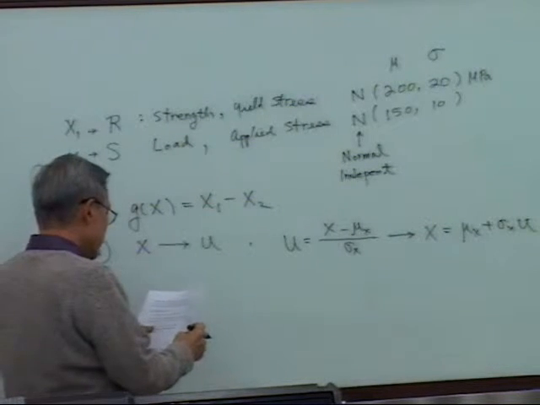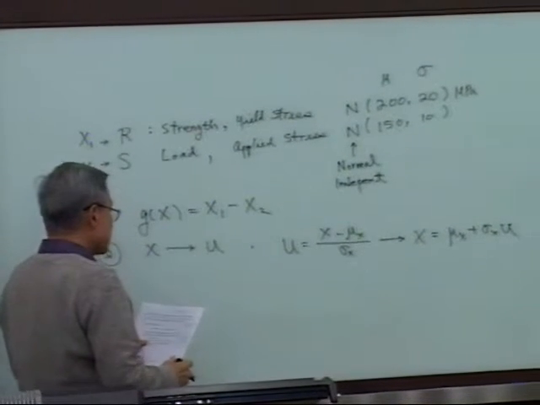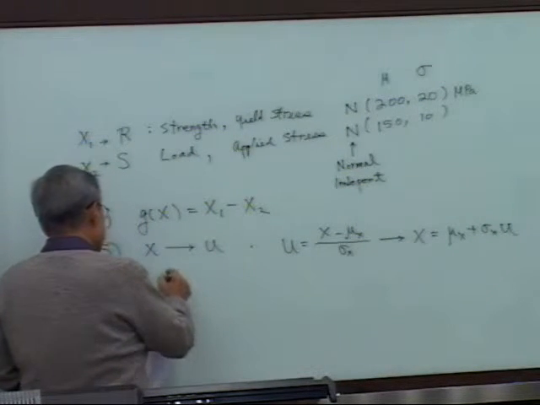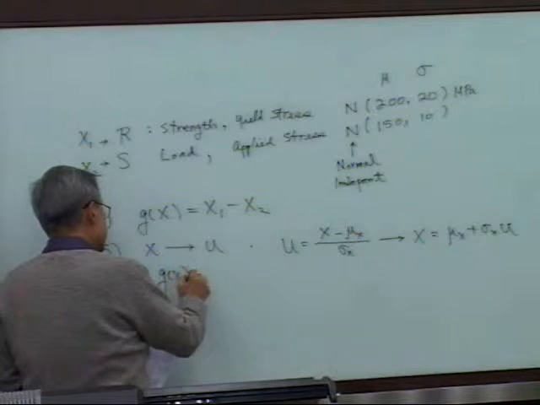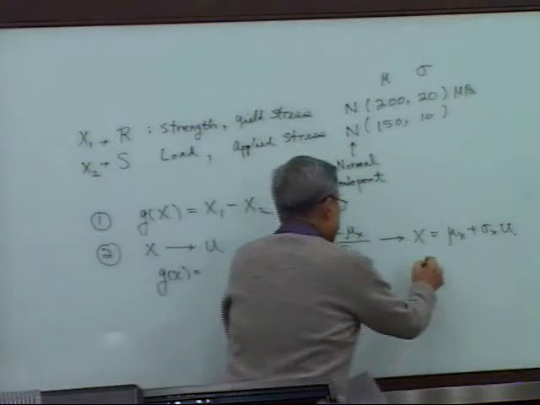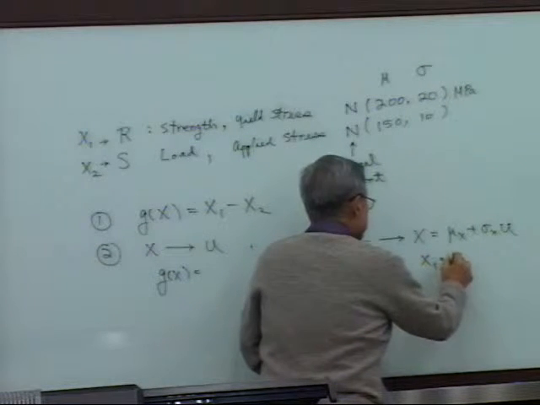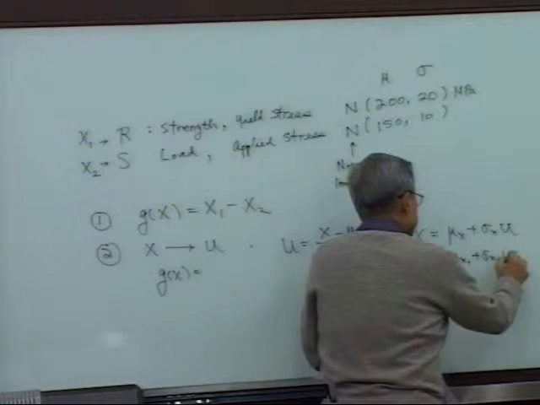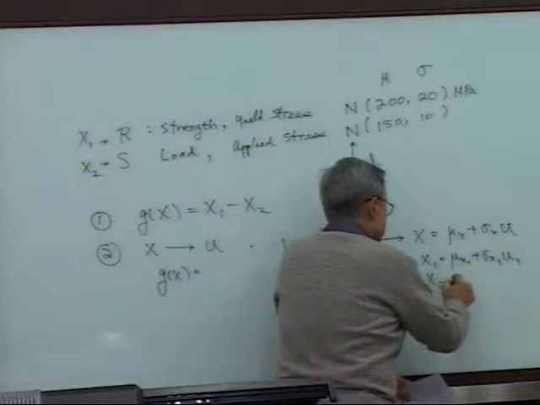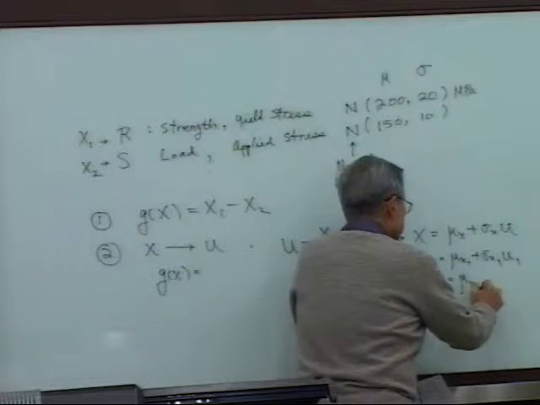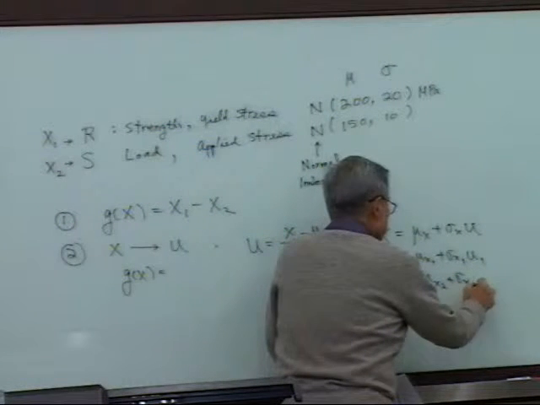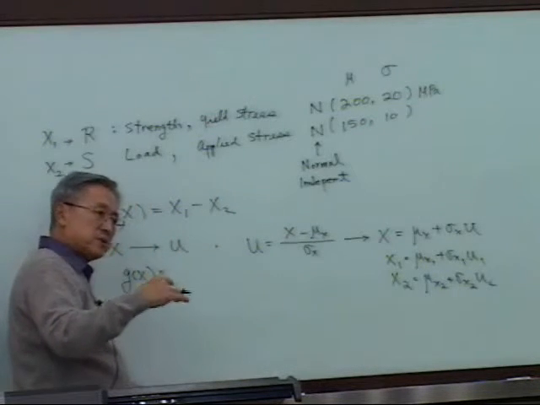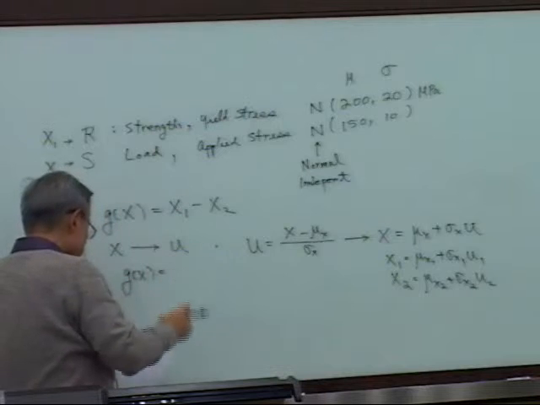We do the same way. Then g(x) is now x1 equal to mu x1 plus sigma x1 u1, and x2 is equal to mu x2 plus sigma x2 u2. Transformation from x space to U space.